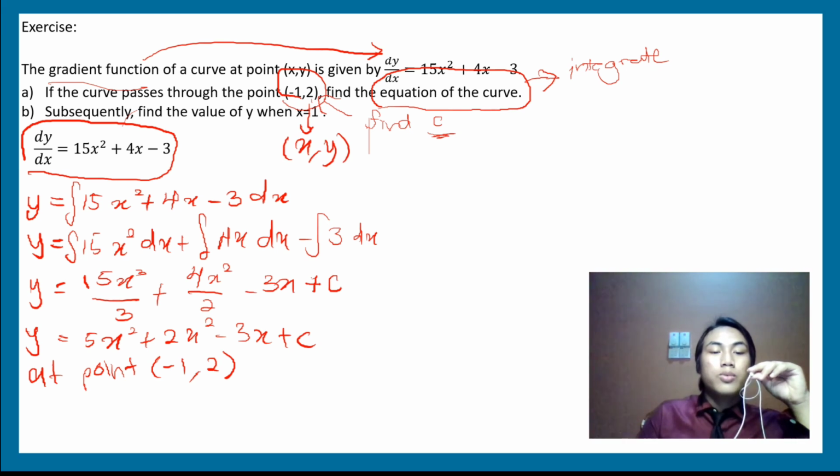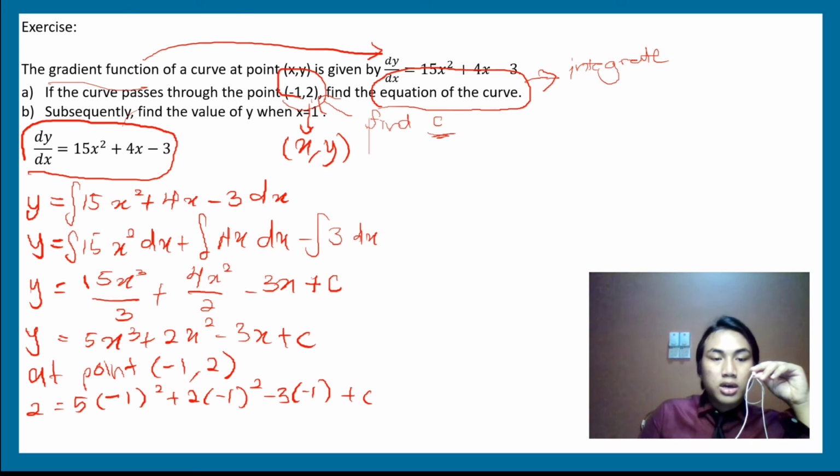So our y is 2, our x is -1: 2 equals 5 times (-1) cubed plus 2 times (-1) to the power of 2 minus 3 times (-1) plus c. Using your calculator, you will get the value of c, that is c is equal to 2.